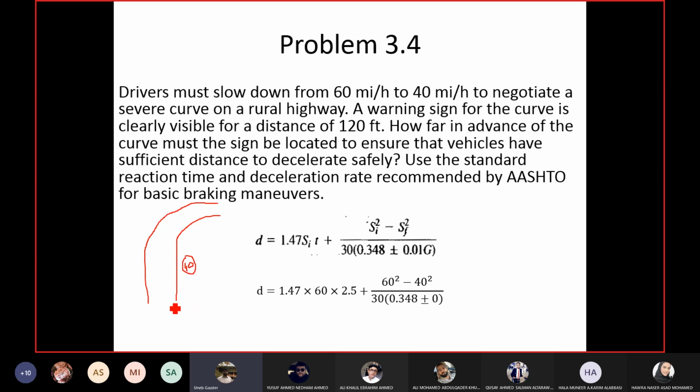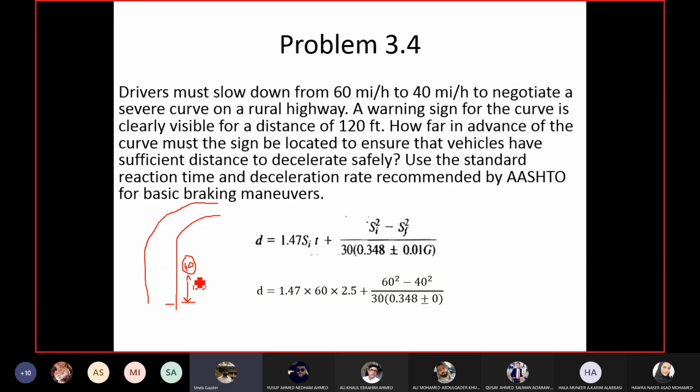The driver, when he sees the sign, is at this point, and this point is 120 feet away from the sign. This is 120 feet, which is given in the question: the distance between the driver and the sign when he can see the sign.